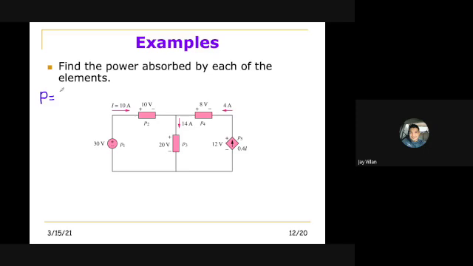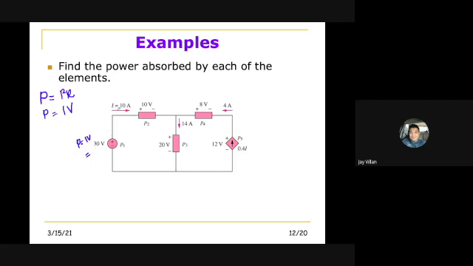P is equal to I squared times R. P is equal to IV. Okay? Right. So in this case, kung dito, this is just P is equal to IV.